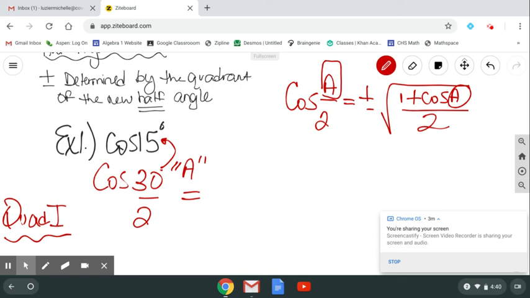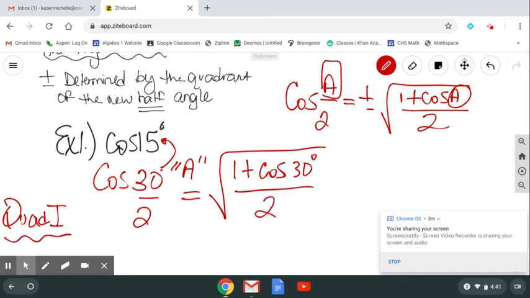Now we're going to start with the square root of 1 plus the cosine of A. Remember, A is the 30 degrees. It's 30 over 2 to get the 15, so our A is 30. It's whatever's over 2, in this case 30, and that's divided by 2.